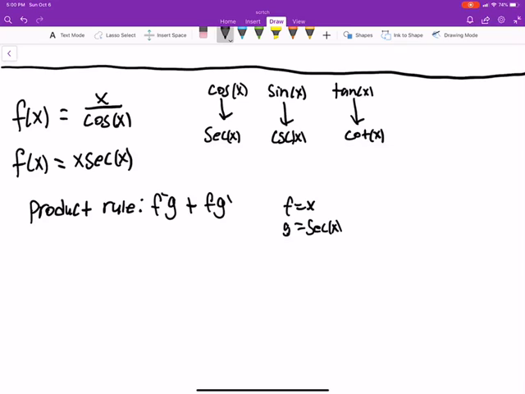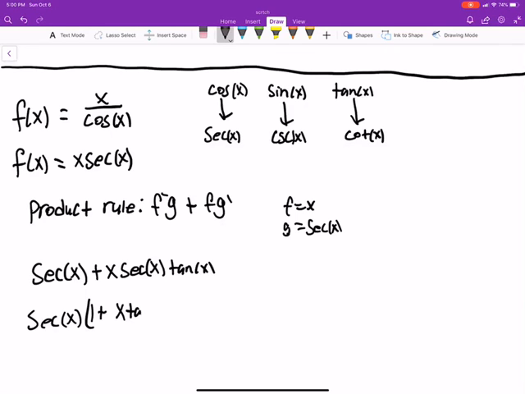Okay, so the derivative of x, that's just 1 times g, so that's just secant of x, plus f, so that's x, times the derivative of secant, that's secant x tangent x, and I'm just going to factor out a secant x to make life a little nicer.